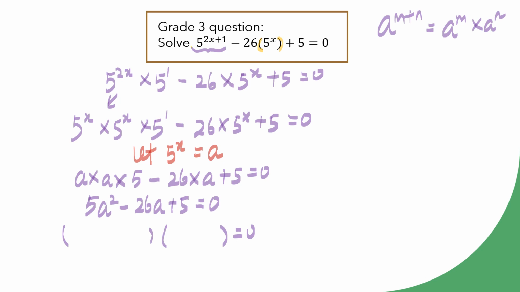So you can factorize it to be 5a minus 1 times a minus 5. From there, a is equal to 1/5 or a is equal to 5.